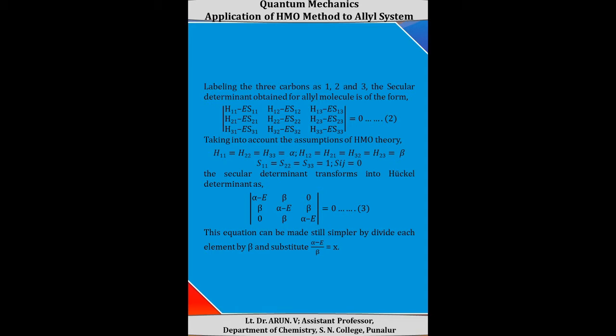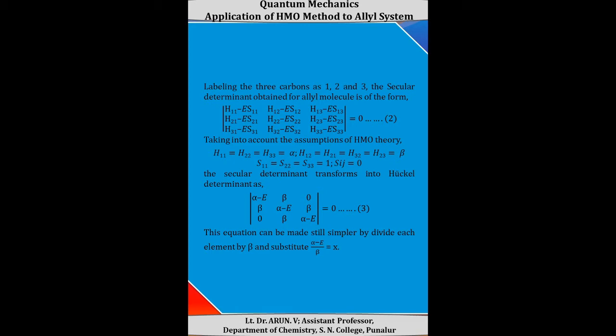By considering the assumptions of Huckel molecular orbital theory, that is H11 equal to H22 equal to H33 equal to alpha, H12 equal to H21 equal to H32 equal to H23 equal to beta, S11 equal to S22 equal to S33 equal to 1, and Sij equal to 0.